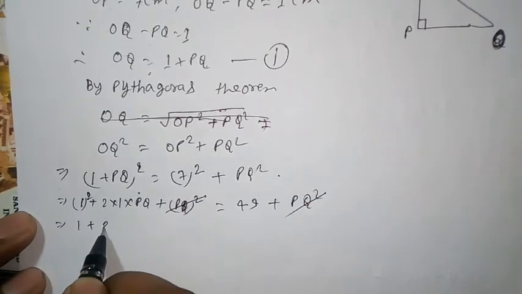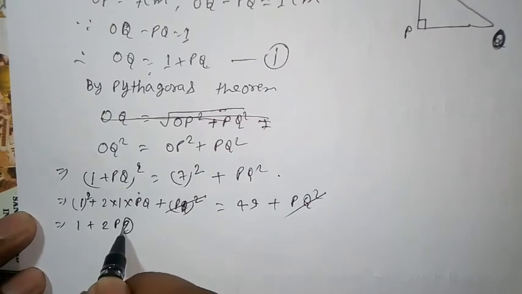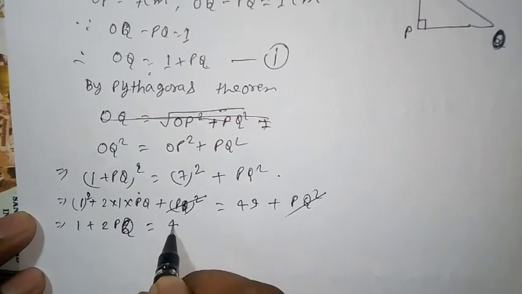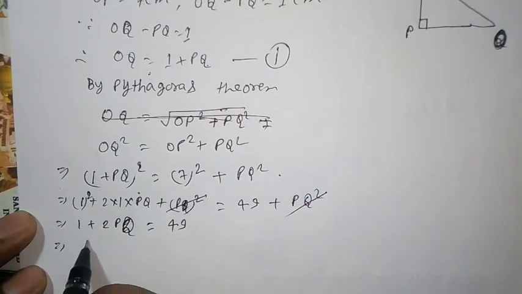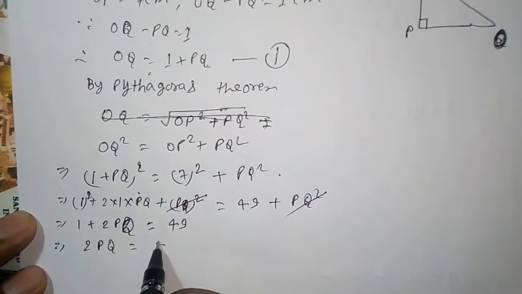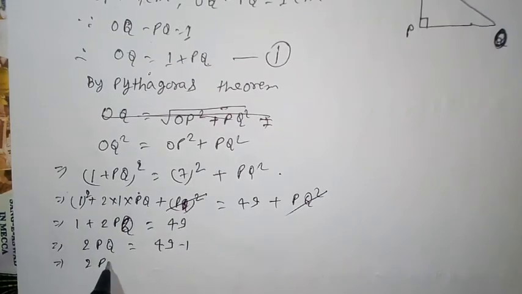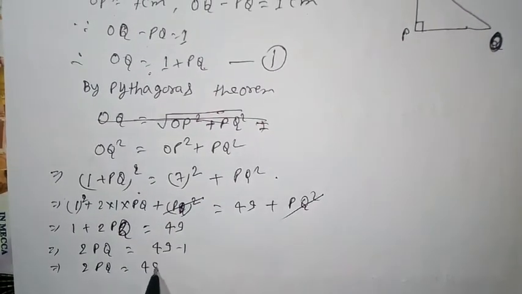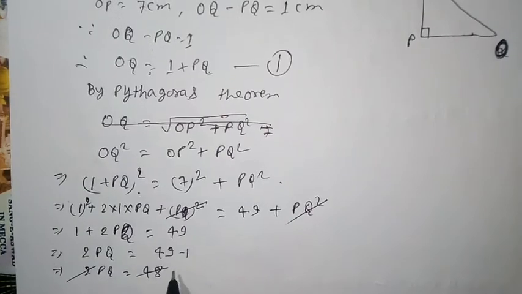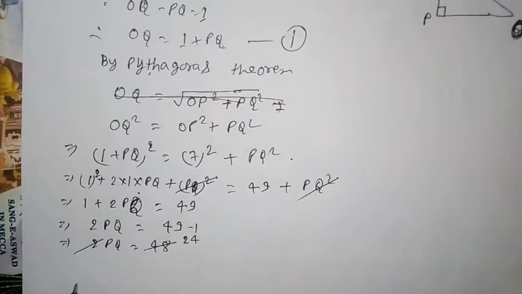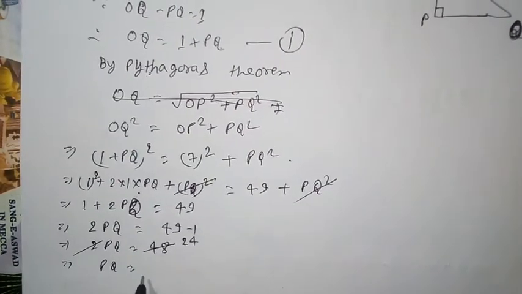Implies 1 plus 2 PQ is equal to 49. Implies 2 PQ is equal to 49 minus 1. Implies 2 PQ is equal to 48. Dividing 48 by 2, I get 24. Implies PQ is equal to 24.